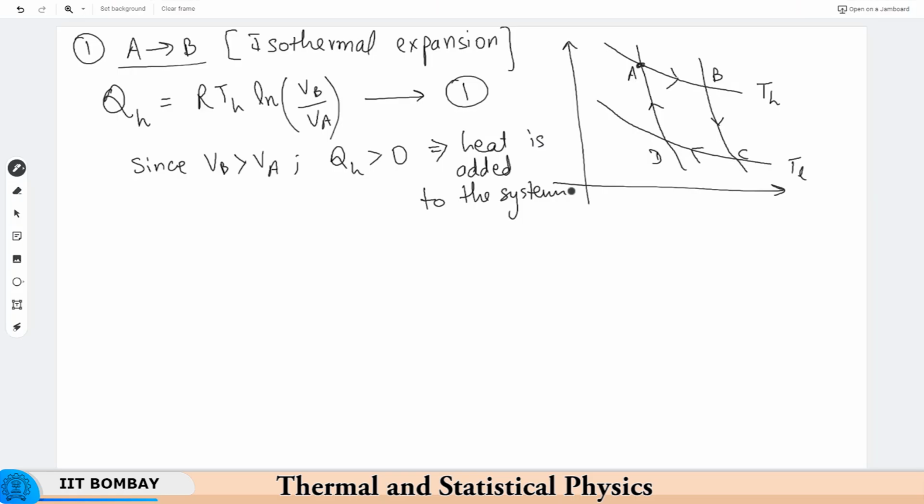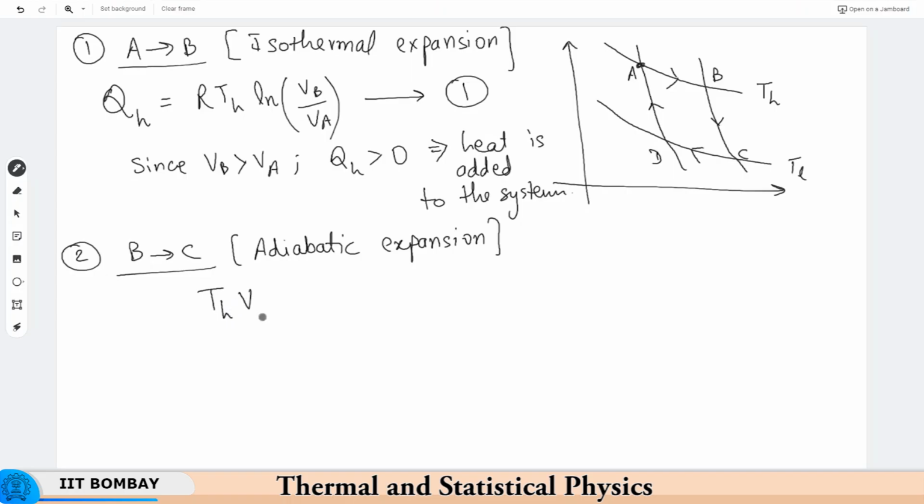Similarly, we can go to the next step, which is from B to C, and this is an adiabatic expansion. Clearly in an adiabatic process the heat exchange is forbidden, and we know from the last class that the relationship is TH times VB raised to the power gamma minus 1 equals TL times VC raised to the power gamma minus 1.